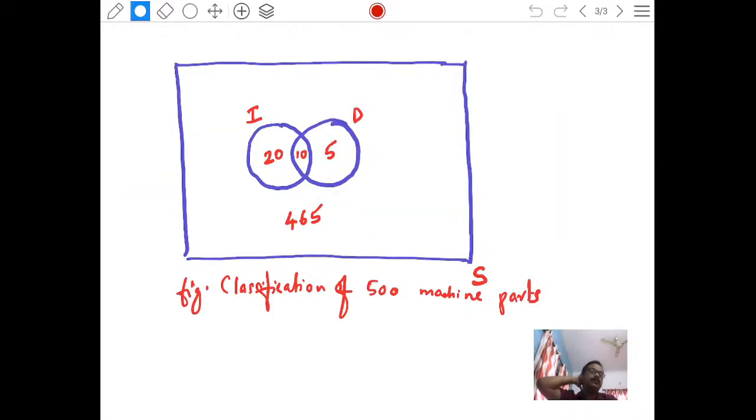Here we have the Venn diagram. This is a classification of the 500 machine parts, and here we have shown certain numbers.